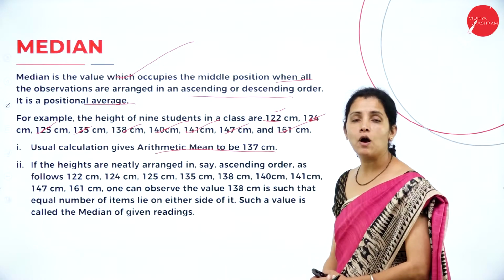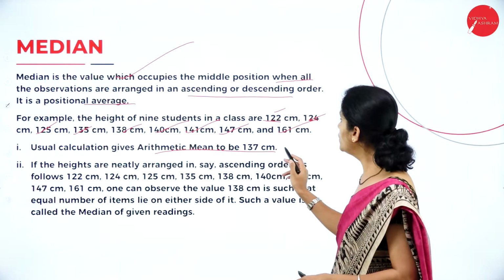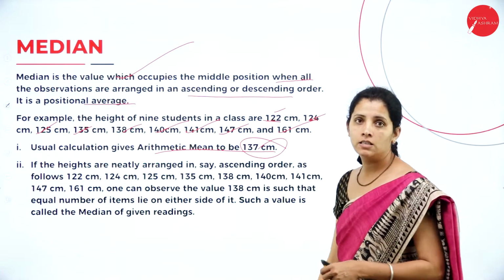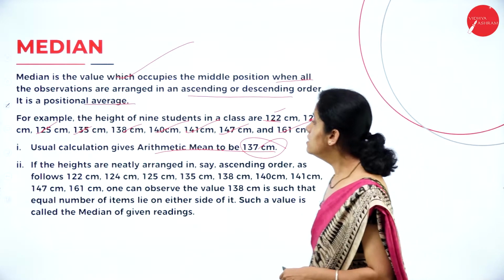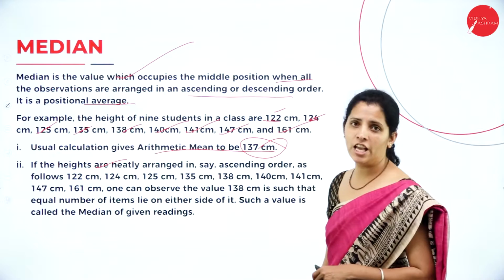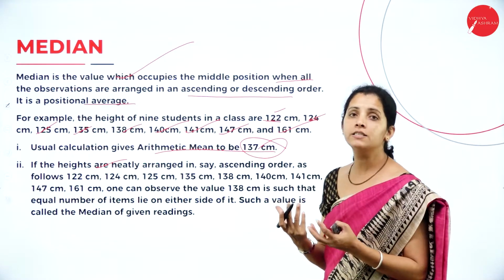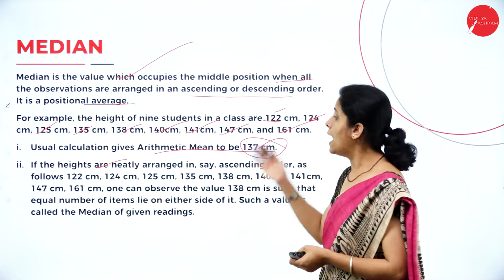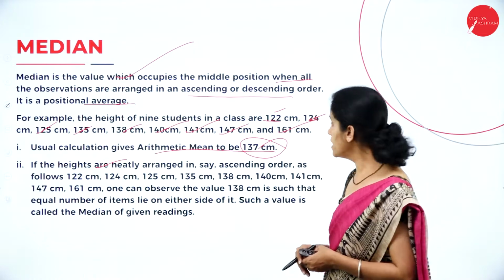When I add all the numbers and take the mean, I get 137 centimeter. If I consider this data, all the data are scattered.